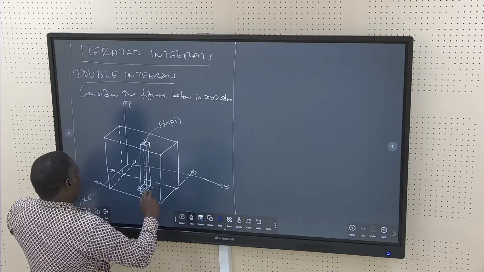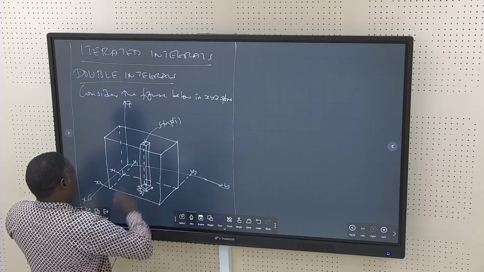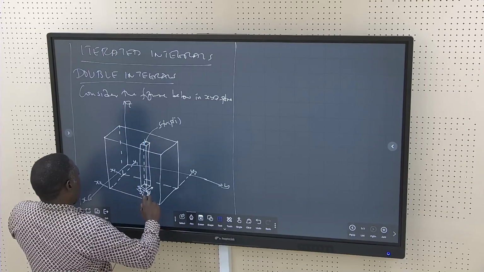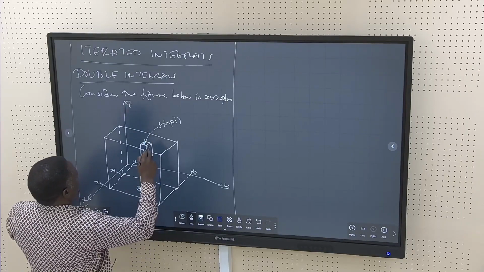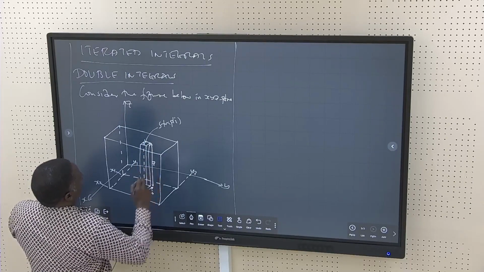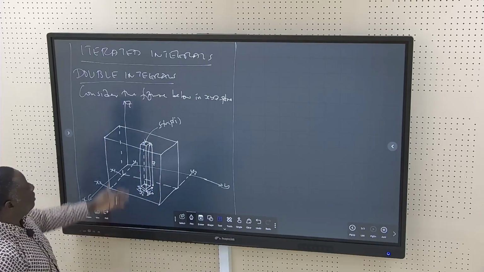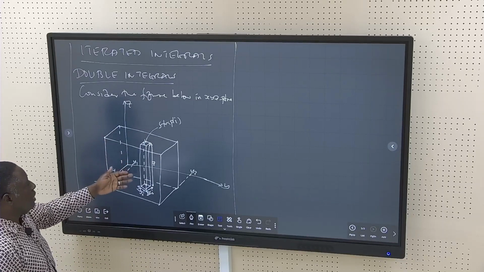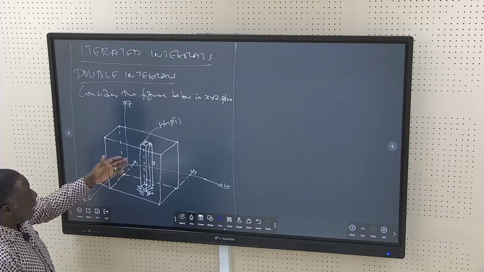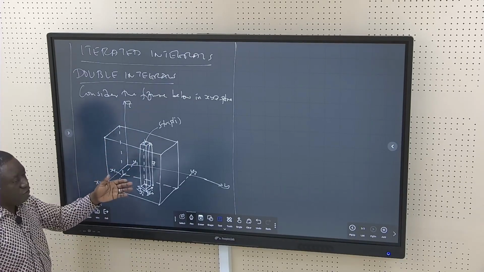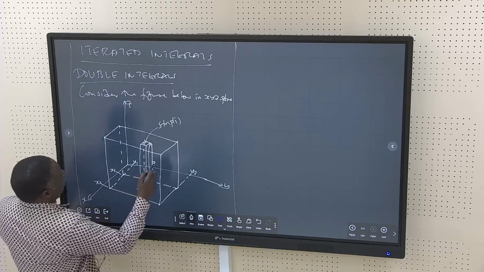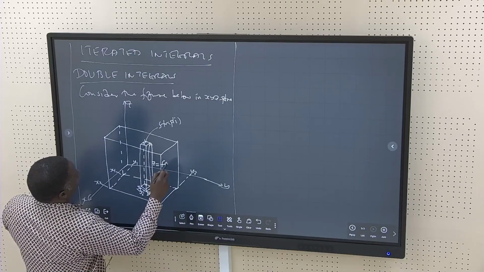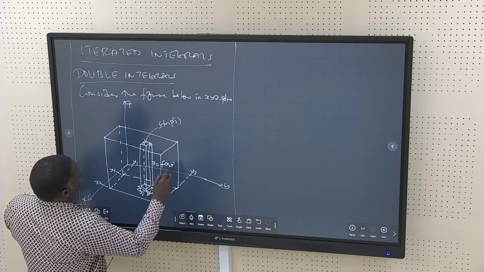And the dimension here, this is delta x i. And the distance here, this height, equals z. And you know, z is a function of x and y. So z equals f of x, y.